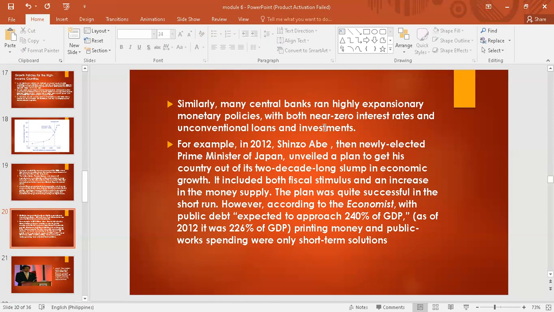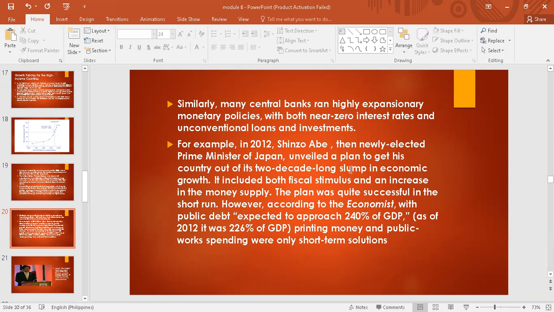Kumbaga, ang expansionary monetary policy kasi, it allows businesses to borrow money from banks with low, near zero, hindi naman zero, near zero interest rates. So usually, nagpapautang ng mga 10% to 30% interest rates. That time, halos 6-7% na yung mga interest rates ng mga loans.